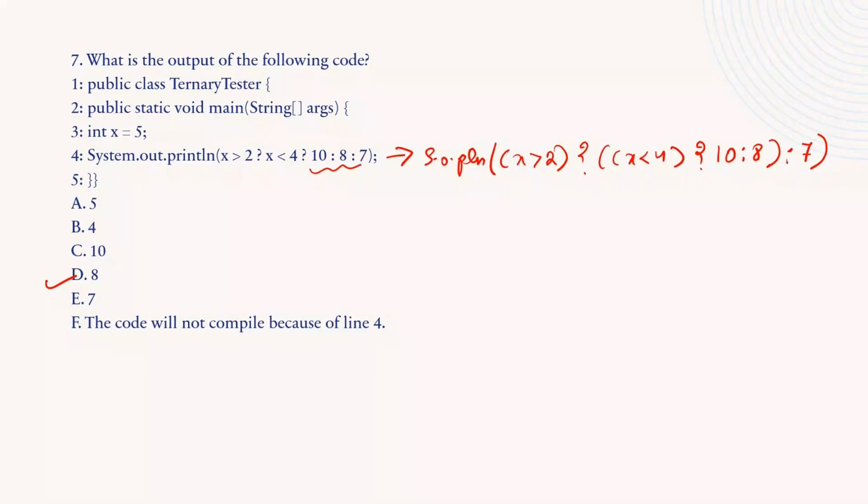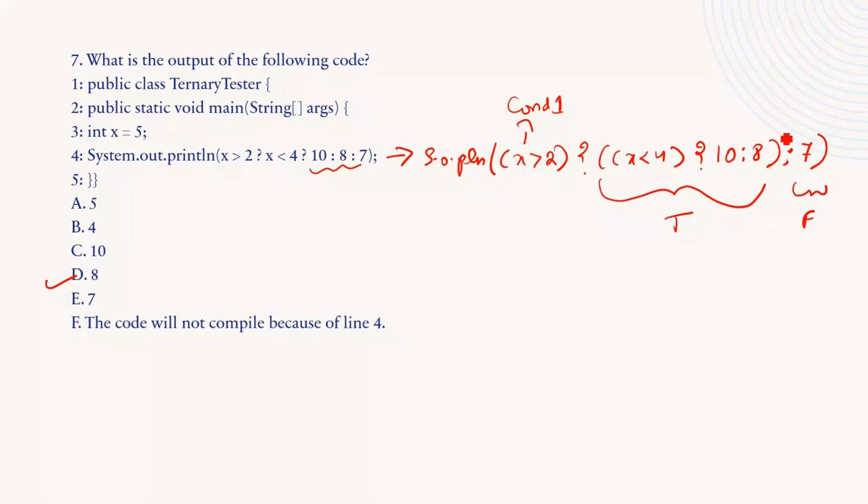So in this case, this is the first condition. You can just name it condition 1, and this condition 1 has two outcomes. This is the true outcome and this is the false outcome.